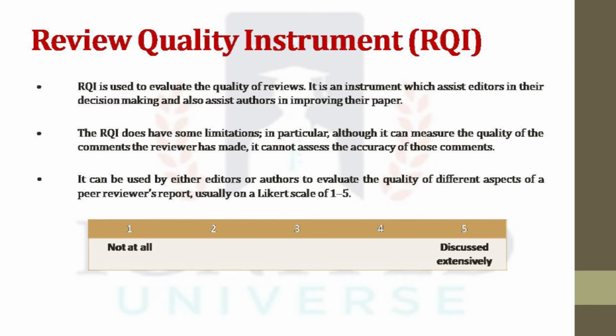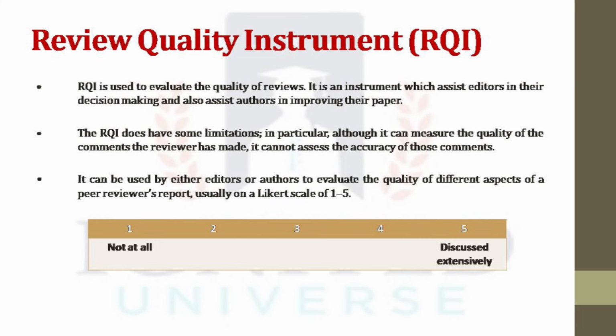So now moving on to RQI. Basically, research on the value of peer review is limited by the lack of a validated instrument to measure the quality of reviews. The aim of RQI is basically to take up a reliable and valid scale that could be used in studies for peer review.